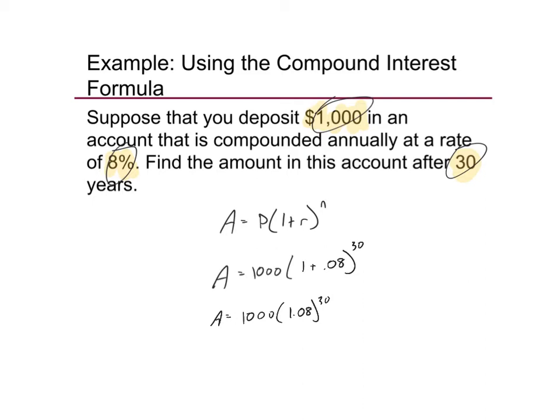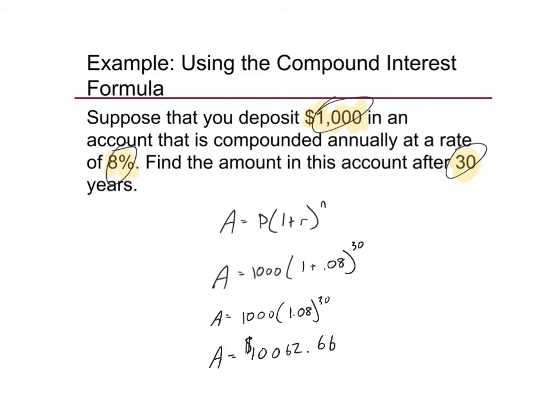1.08, raise it to the 30th power, and then multiply by 1,000, and holy cow, we earned a lot of money. 10062.65689, but when I round this, that 6 takes the 5 and bumps it up to a 6, so 66 cents.